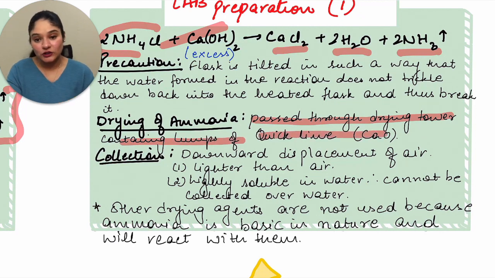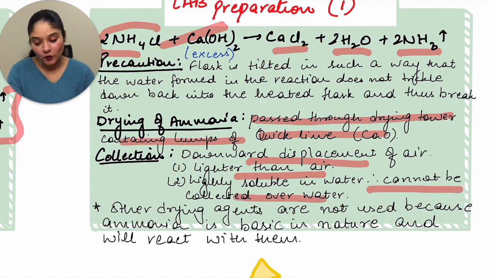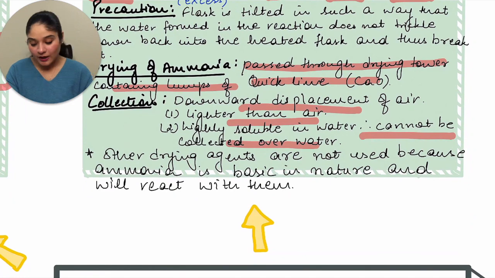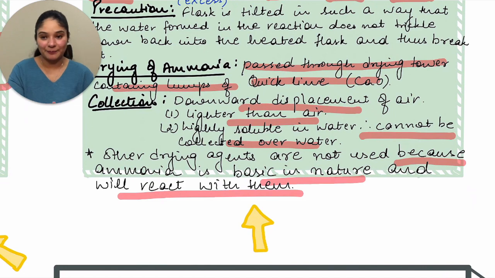Collection: it is collected by downward displacement of air because it is lighter than air. Second, it is highly soluble in water, therefore it cannot be collected over water. Other drying agents are not used because ammonia is basic in nature and will react with them.